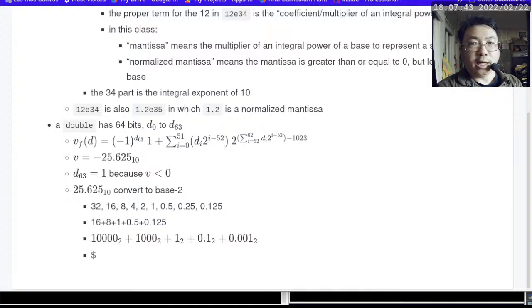So all we have to do is find out, okay, there's a 1 at bit 4, 1 for bit 3, nothing for bit 2, nothing for bit 1, 1 for bit 0, 1 for bit negative 1, none for negative 2, and 1 for negative 3.